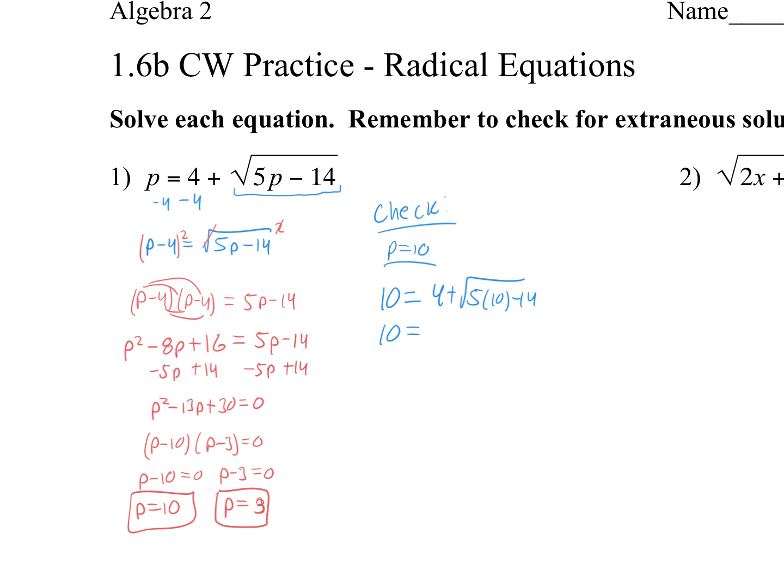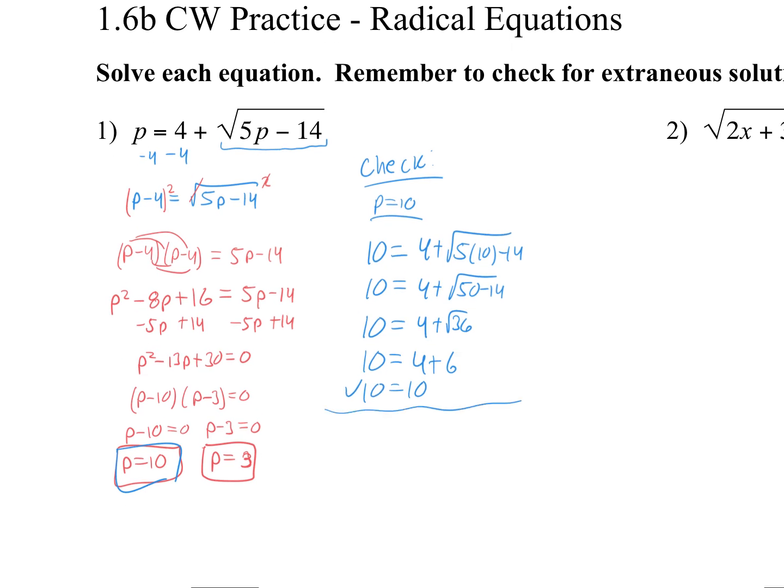And so we get 10 equals 4 plus the square root of 50 minus 14. 50 minus 14 is going to get you 36. So I get 10 equals 4 plus the square root of 36, and the square root of 36 is 6. So I get 10 equals 4 plus 6, which is 10. So I get 10 equals 10, which is true. So that means p equals 10 is a valid solution.